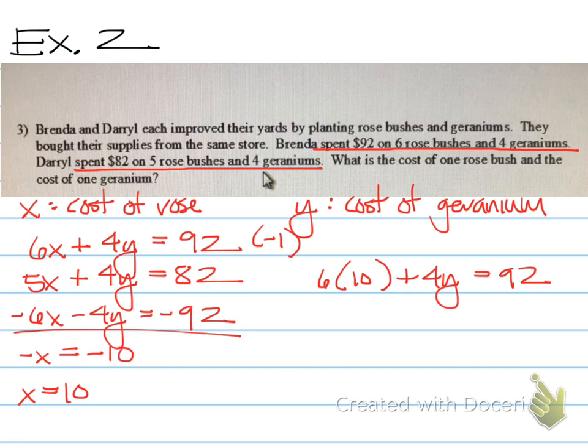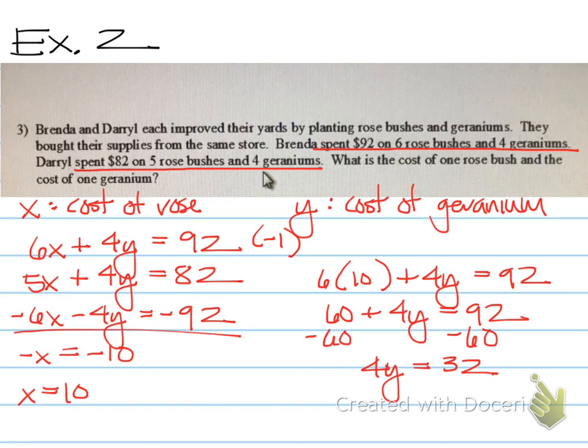Plug that value of x into either equation. I went ahead and plugged it into the top equation. 6 times 10 is 60. Subtract 60 from both sides. You get 4y equals 32. Divide by 4. Y equals 8. So X represents the cost of a rose, so the cost of a rose is $10.